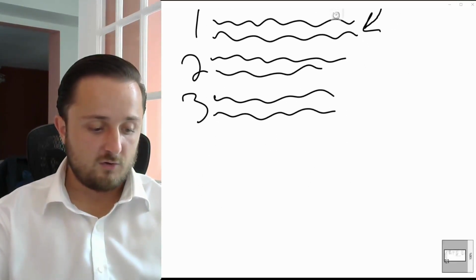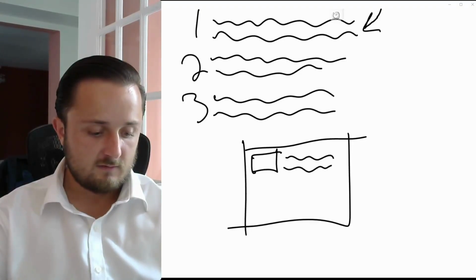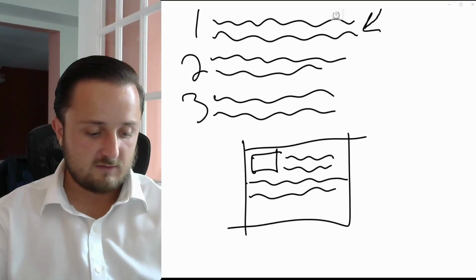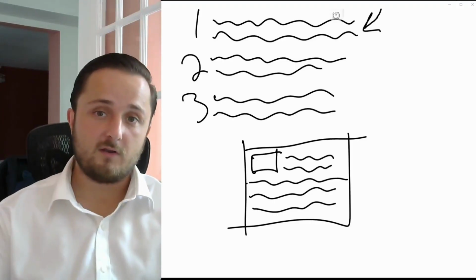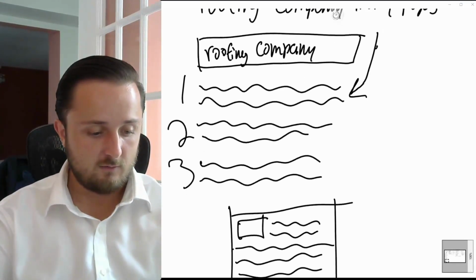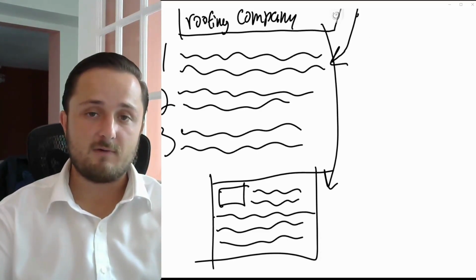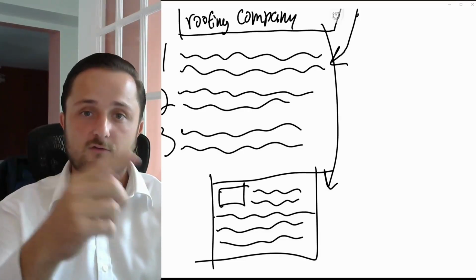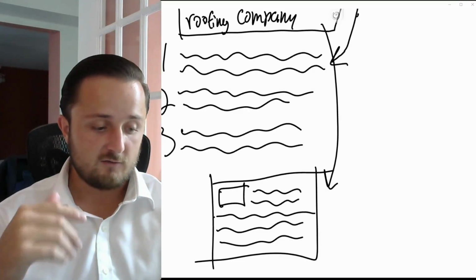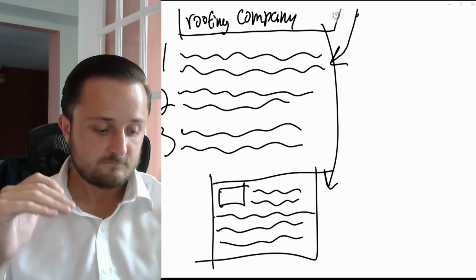When you go to pick or design a money page, this page's goal is to rank for a keyword. It's to convert someone searching for that keyword. So anytime someone searches for a roofing company, I have my money page. My money page is SEO optimized with on-page SEO, with internal linking, with external links to rank for that very specific search term.